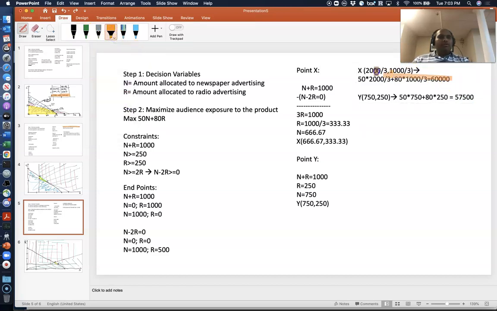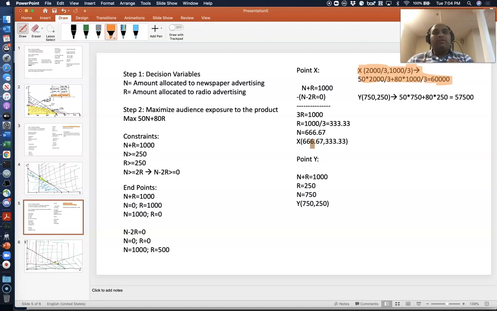The optimal solution is not an integer, and that's okay, because you're looking at dollars and cents. You can calculate in dollars and cents. You're saying spend $333.33 on radio advertisement and $666.67 on newspaper advertisement. Now here we are assuming that this sort of split is possible. In many cases it's possible, in some cases it's not possible.